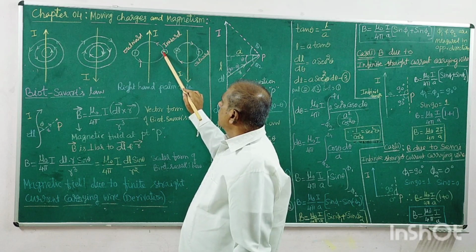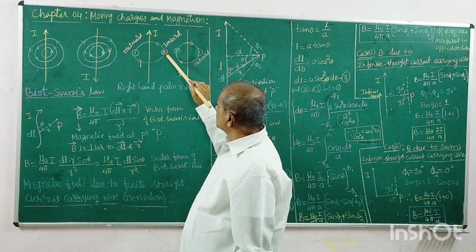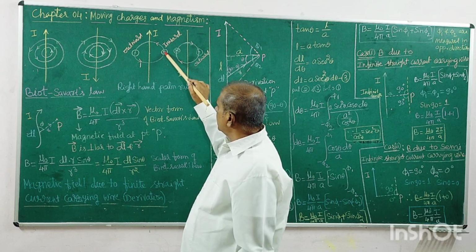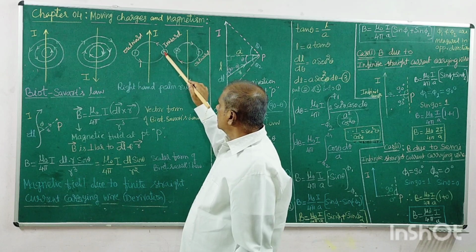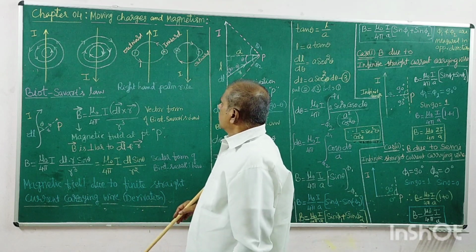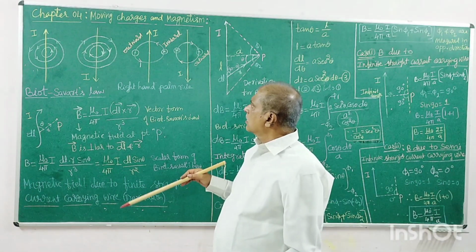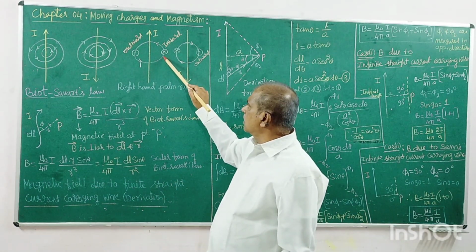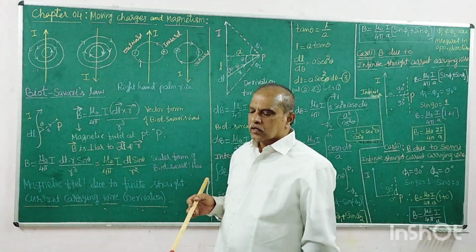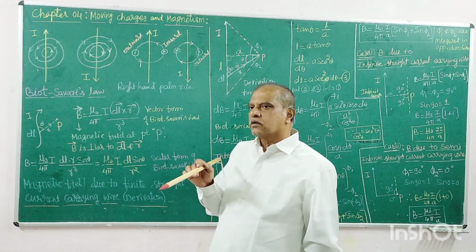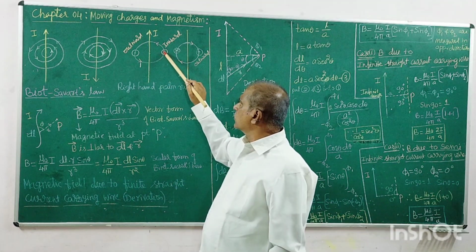I want to indicate the direction of the magnetic field at this point, which is on the circle. As you know, the direction of the magnetic field at any point on the circle is represented by drawing a tangent to the circle at that point.